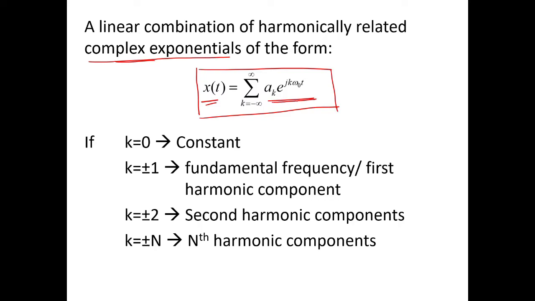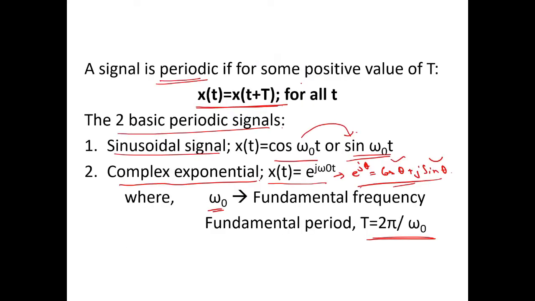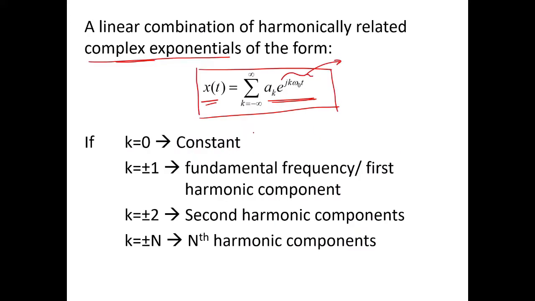I told you this e to the power j k omega naught t is a fundamental periodic signal. So if you see, a complex exponential signal is a periodic signal, right? So what is a_k? a_k is nothing but some constants. It is a constant multiplier. Herein, this k value changes from minus infinity to infinity.